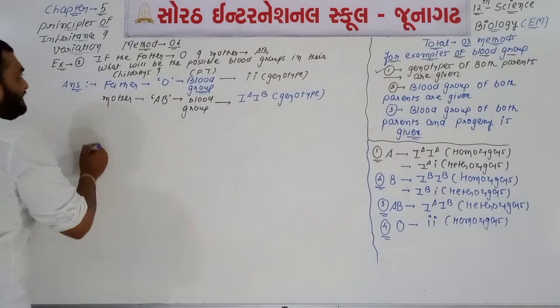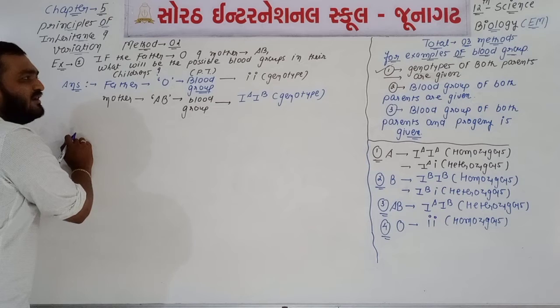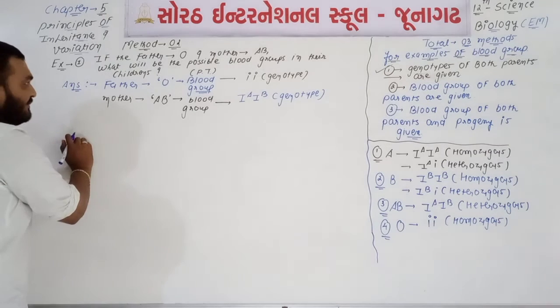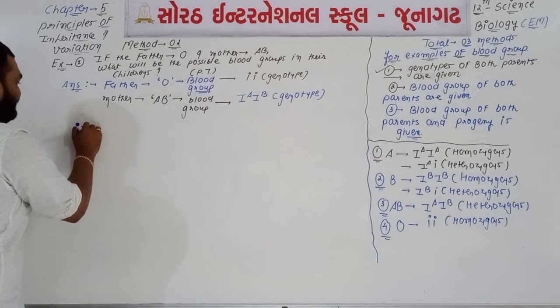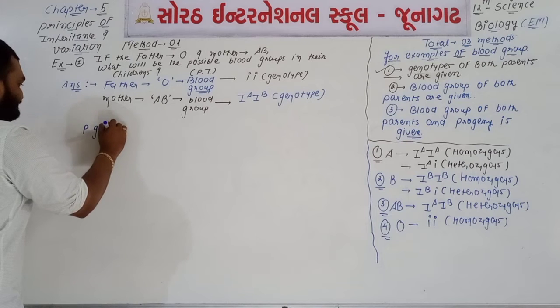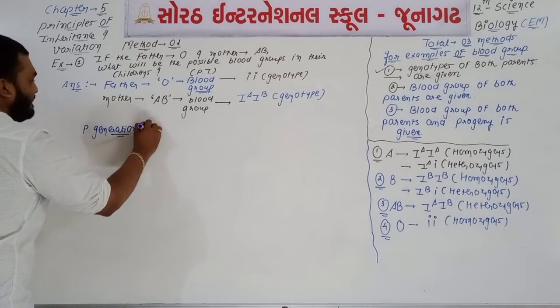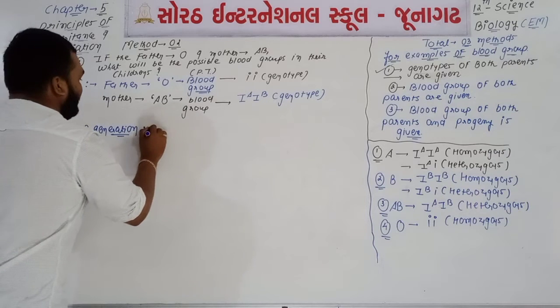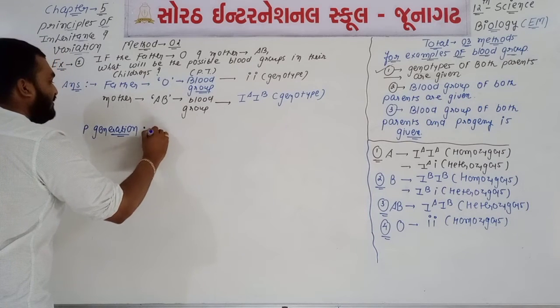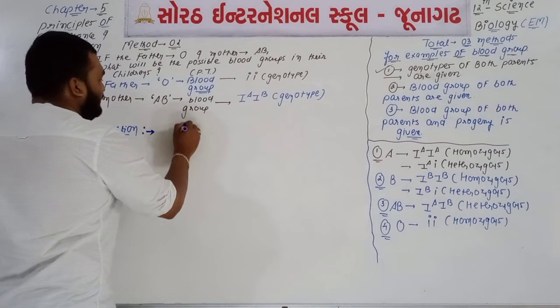Now we can say what will be the possible blood groups in their children, meaning their progeny. If we take the P generation, first of all we will write the blood group.